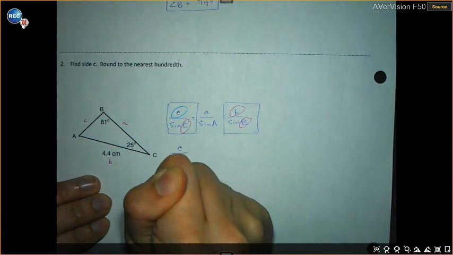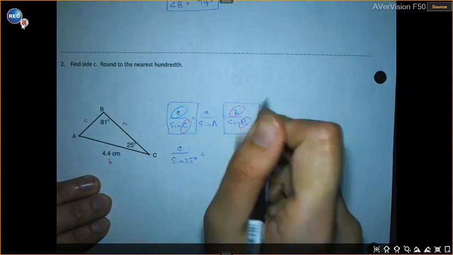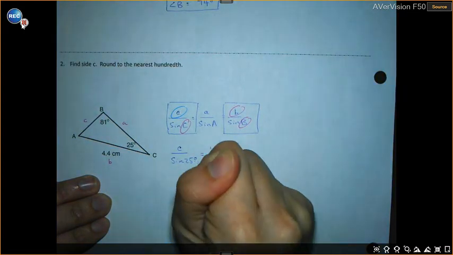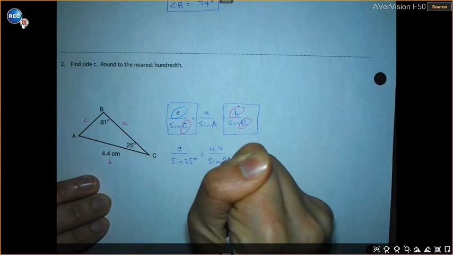C over sine of 25 degrees equals side B, which is 4.4, divided by sine of angle B, which is 81 degrees.